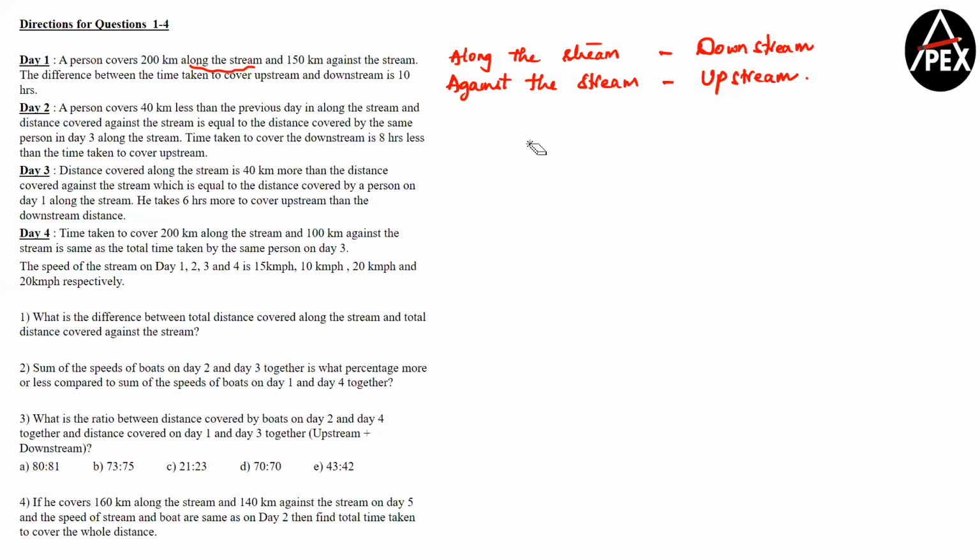Now we are given day 1, day 2, day 3, and day 4. So this will be downstream distance and upstream distance.